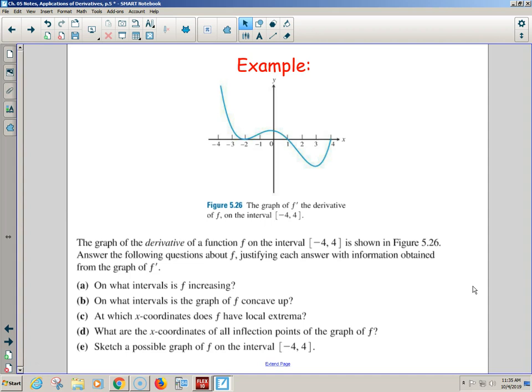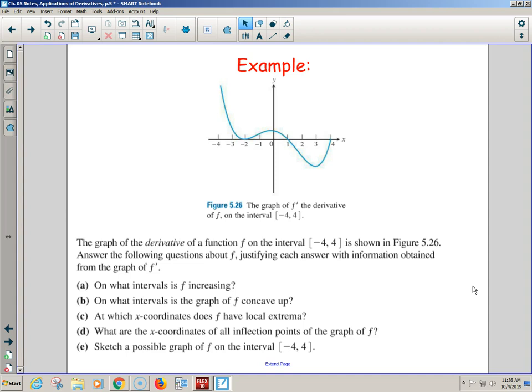-4 to -2, open bracket, because at -2 it equals 0. F is increasing when f prime is greater than 0.